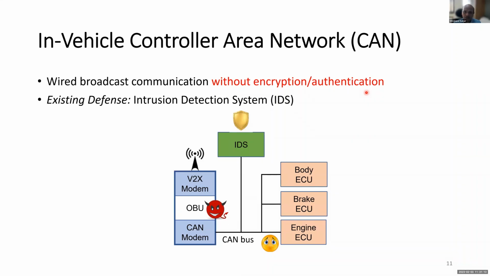It is very difficult to change the CAN bus because of its robustness to electromagnetic interference and other properties. So people are sticking with the CAN bus, but because the CAN bus does not facilitate encryption or authentication, they cannot prevent attacks. So the way to go is intrusion detection systems.